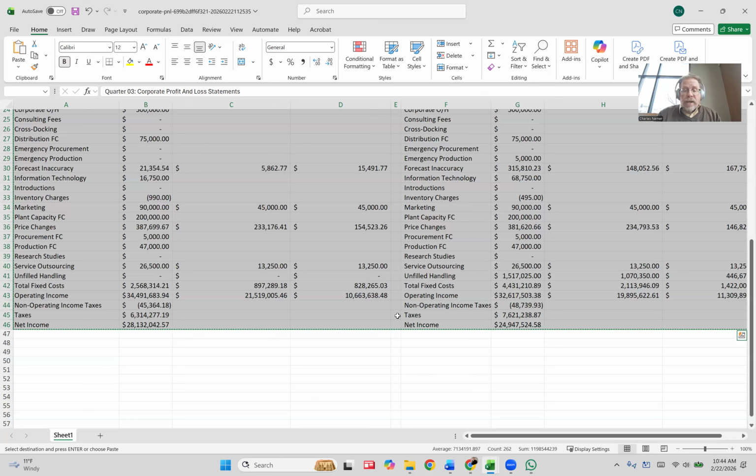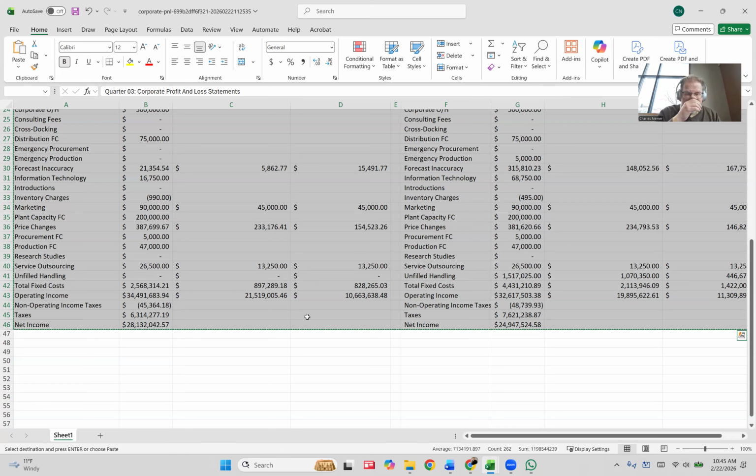The other one I'm checking out, I went back to the programmer to check the math, is your taxes went up by about 1.3 million. I went back to the manual and saw I didn't really explain what taxes are. This is typically tax on revenue or operating expense, like we pay for payroll or everything else.